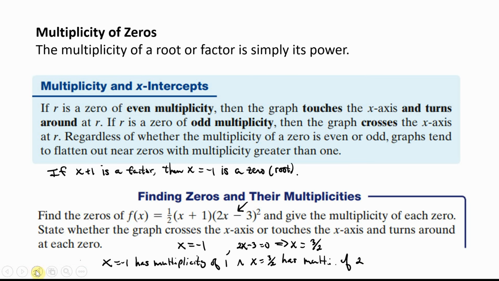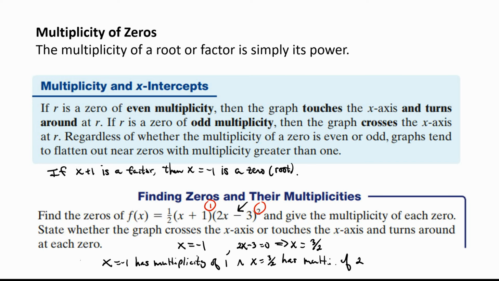Here we're looking at the power. Does that make sense? Then they talk about even multiplicity or odd multiplicity. That is, if the root occurs 1 time or 3 times, then we say it has an odd multiplicity. If it occurs 2 or second power or fourth power, then we talk about so-called even multiplicity.